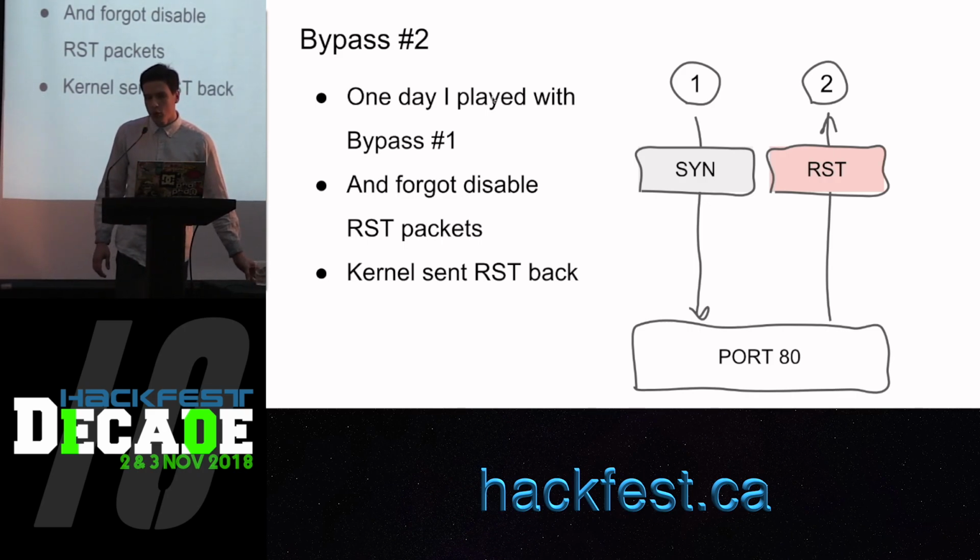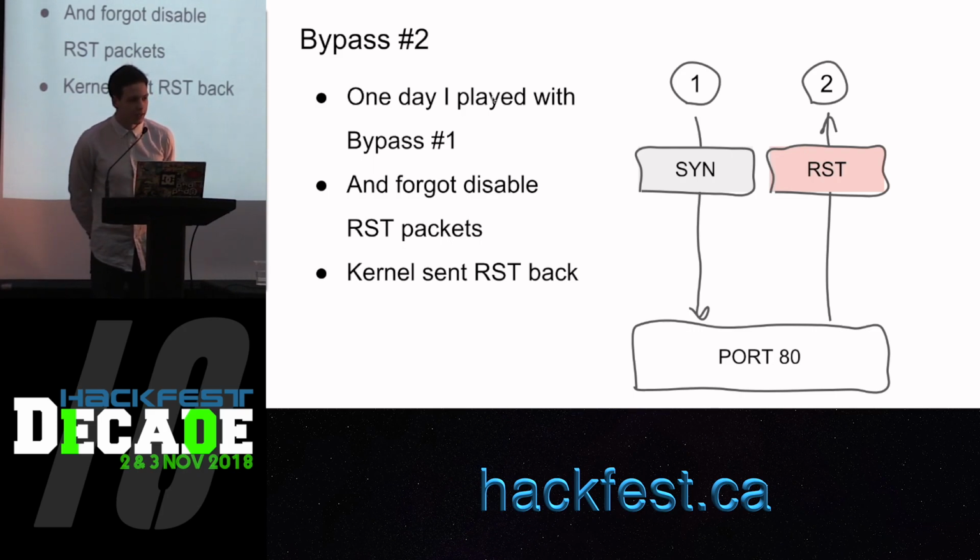So one day I played with my exploit for bypass number one, and of course I forgot to disable these packets. And what happened? As it should, Linux did send a TCP reset packet back to a client trying to connect to port 80. What happened next?